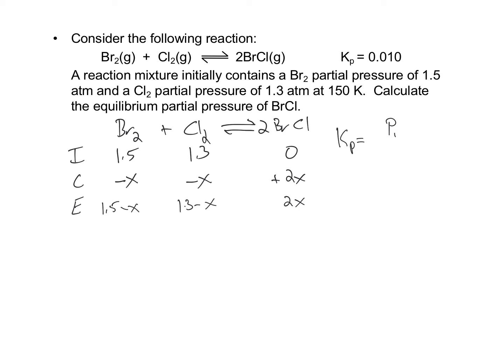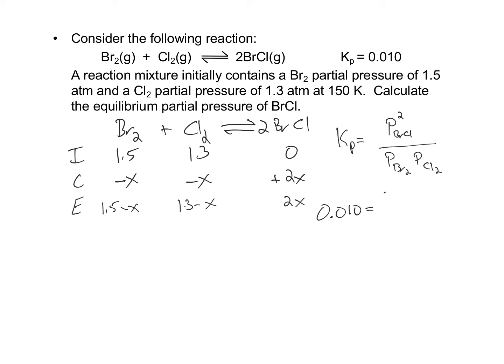So we have the pressure of BrCl squared divided by the pressure of Br2 times the pressure of Cl2. Alright, so we can go ahead and plug in the expressions we have from the equilibrium row. And I'll go ahead and put in the value for Kp as well. So Kp is 0.010.